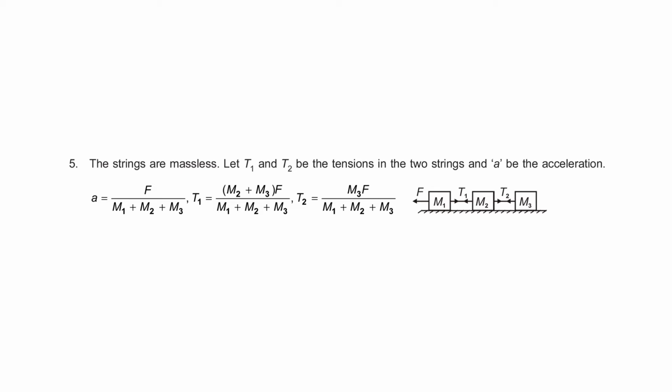So here a is equal to F divided by (M1 plus M2 plus M3). T1 is equal to (M2 plus M3) F divided by (M1 plus M2 plus M3), and T2 is equal to M3 F divided by (M1 plus M2 plus M3).